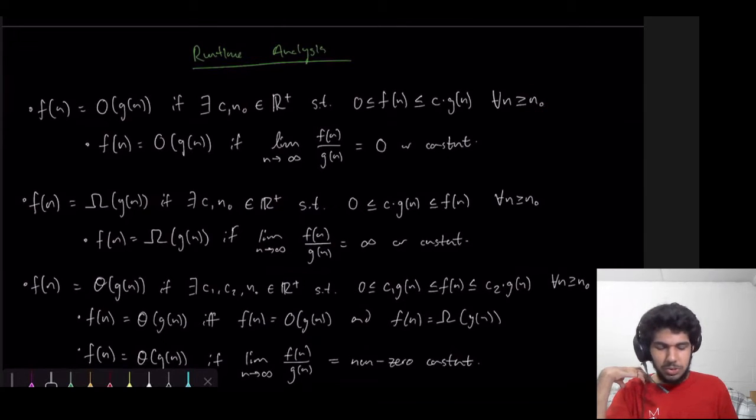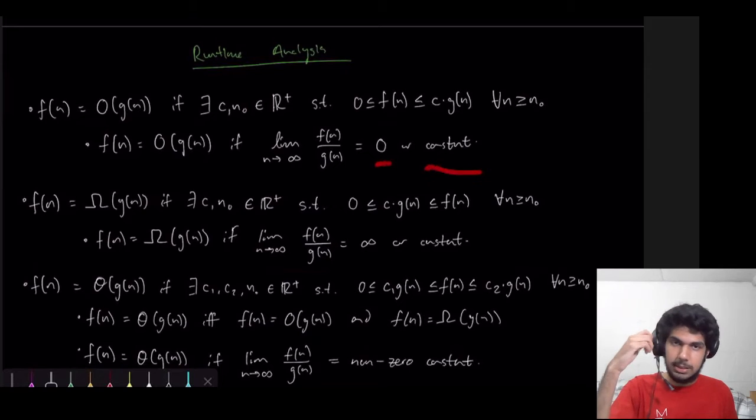That means we choose two constants, and if this inequality holds for all values greater than our n naught constant, then it's big O. And if you want the limit definition, f of n is big O of g of n if you take the limit as n approaches infinity of the quotient of the two functions and it is equal to 0 or a constant. So that's that.